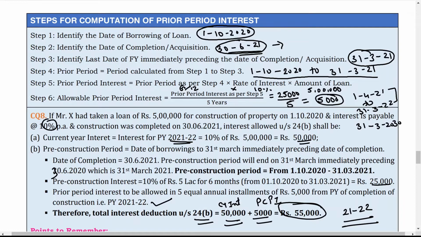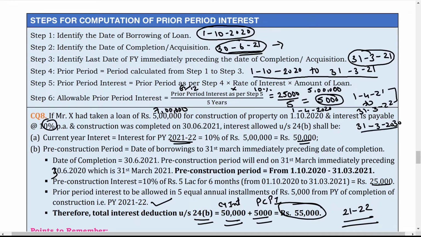You can practice by taking a different amount. Let us say this amount is 7 lakh and the rate of interest is the same 10%, and your date of borrowing is 1st April 2020. In that case you can practice and find out the answer.